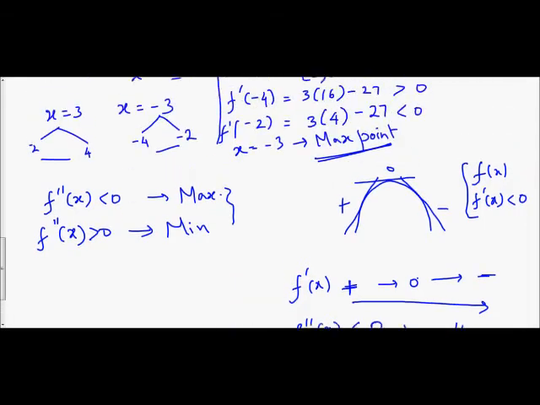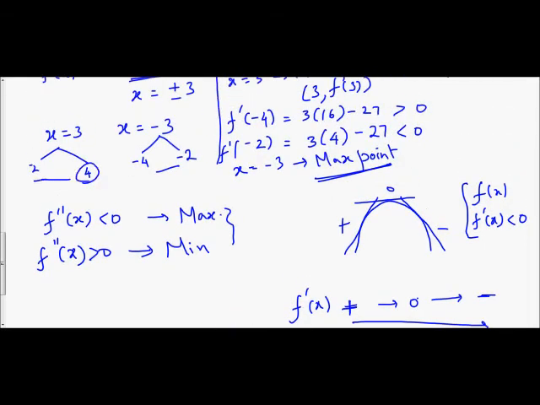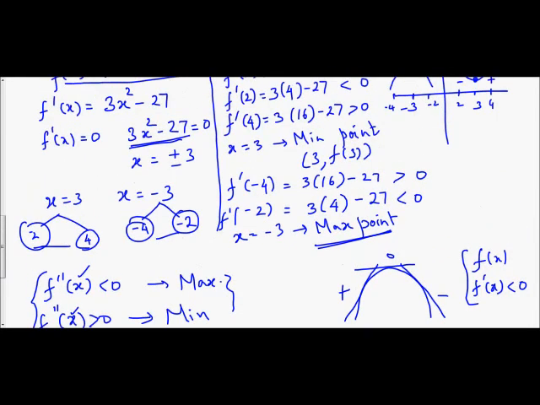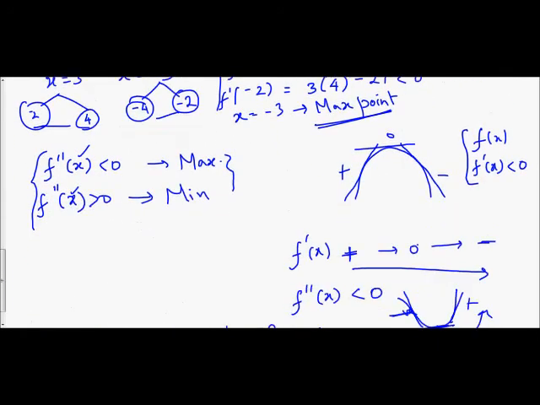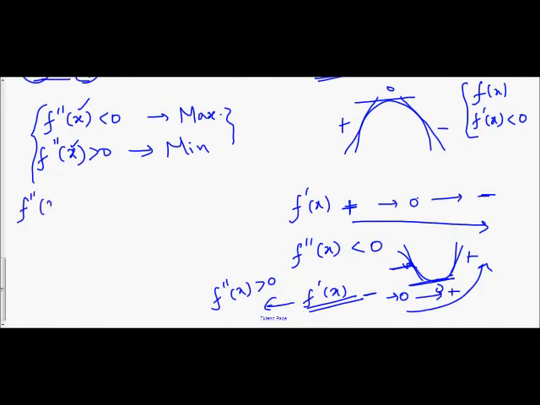So instead of using two numbers before and after for each number, you can just find the second derivative and check whether it is negative or positive for that particular value. We'll do it in the same example. F dash x is equal to 3x squared minus 27. Therefore, its second derivative would be 6x.